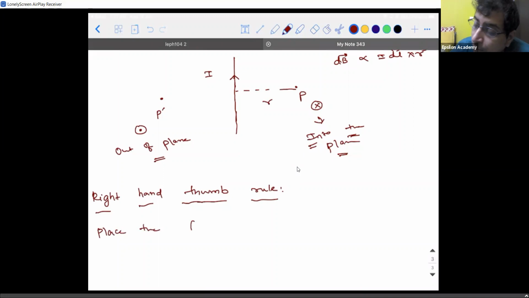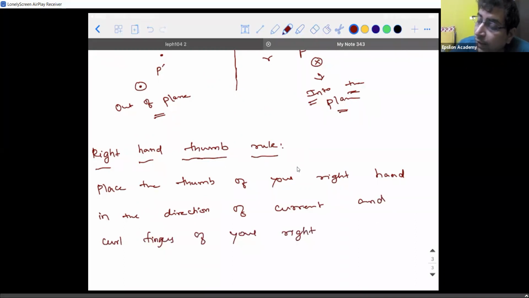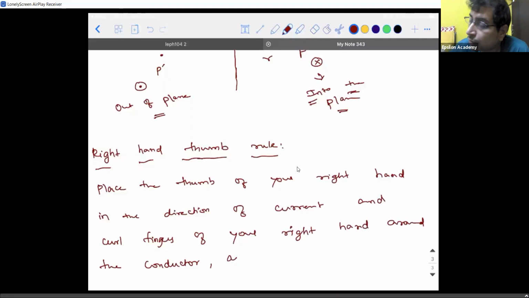Place the thumb of your right hand in the direction of current and curl the fingers of your right hand around the conductor as if you're holding it.